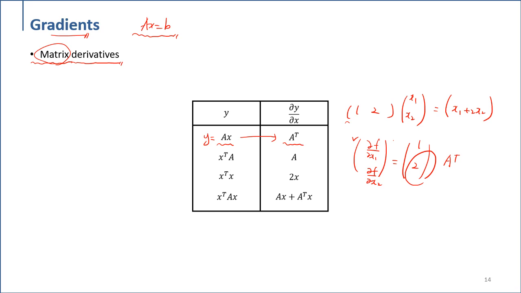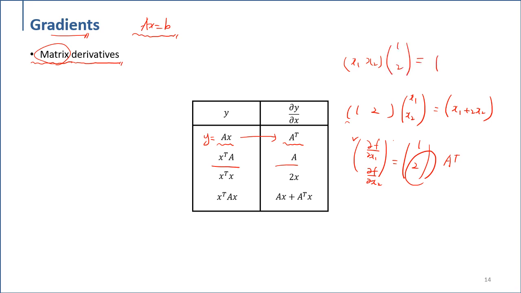So from that, we now know the relation between y and its derivative, which has A transpose. Similarly, for the second case, let's say we have x1 and x2, and we have X transpose, and the vector A is equal to 1, 2.